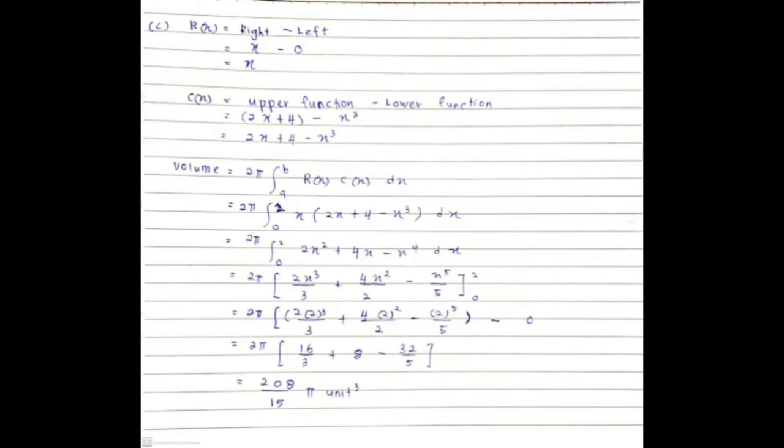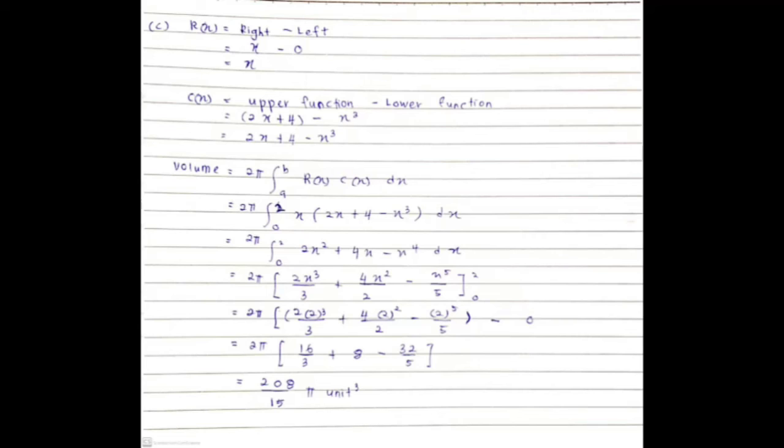So the formula of shell method volume is 2 pi integral of R(x) C(x) dx. So we just enter the formula using R(x) and C(x) and expand the x and integrate, from 2 to 0.